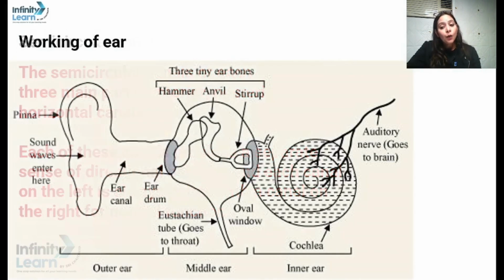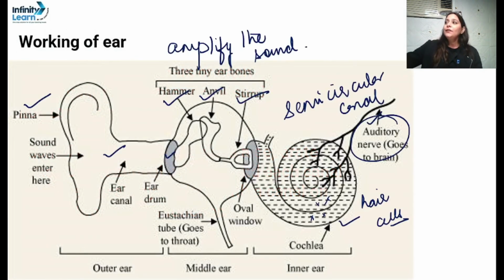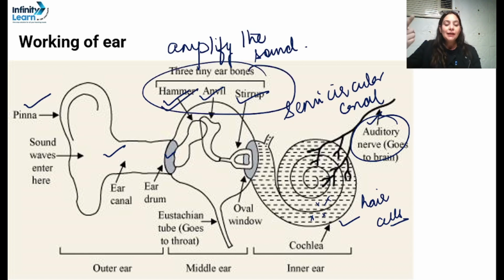So now how the ear works. Whatever sound is around, your pinna collects those sound waves and directs them into auditory canal. And when those vibrations go, they hit the eardrum, and on getting hit, eardrum starts vibrating. Then it transfers the vibrations to these three bones. They further amplify the sound. That means increase the amplitude of the vibrations.